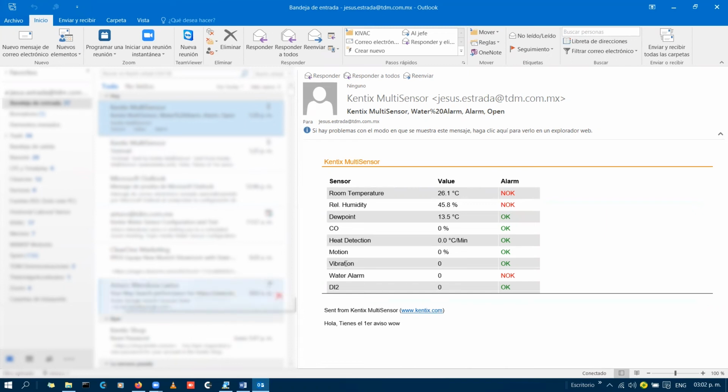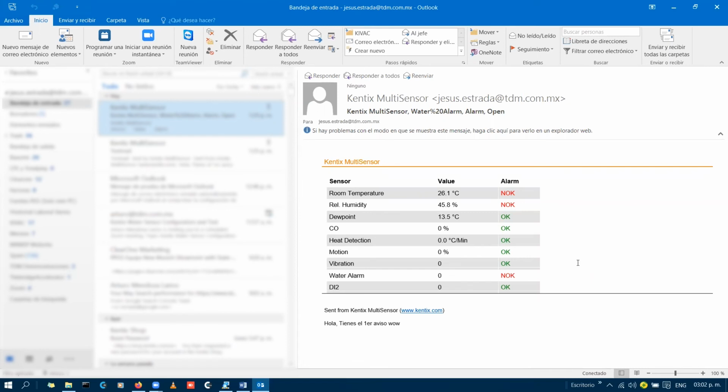And then here we have the water alarm. So immediately after we have an alarm, we receive an email that tells us that we are having a problem in our telecommunications room, in our server room, so we can take action right away.